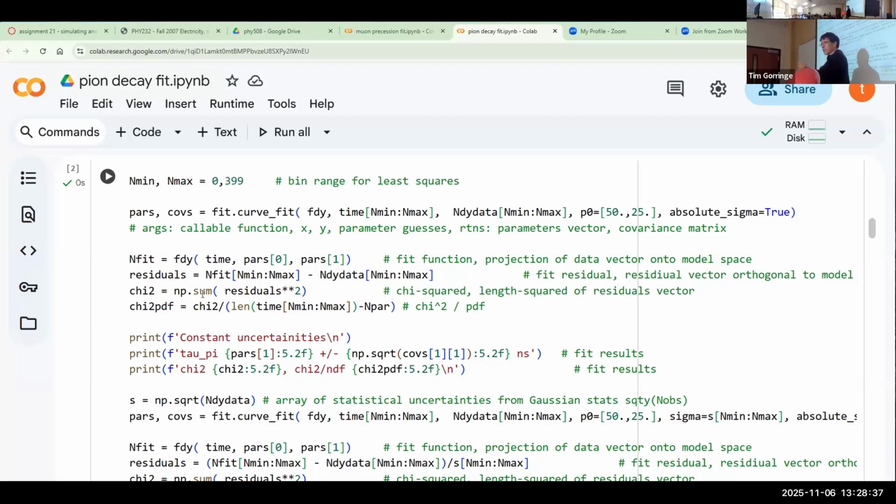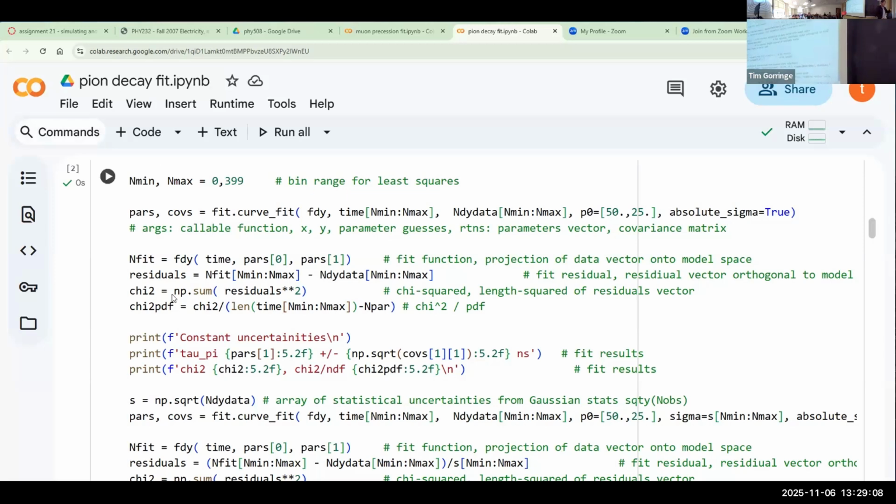You can think of the residuals as another vector that's orthogonal to the model space, that the model space wasn't capable of describing. So it's a vector that's orthogonal to the model space and the basis vectors of the model space. So that's one way of thinking about all these things. Then I print out the results.